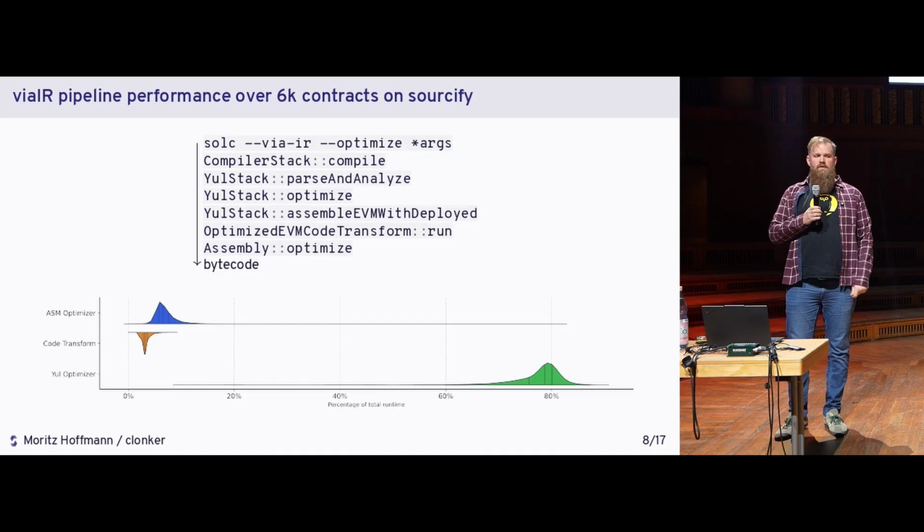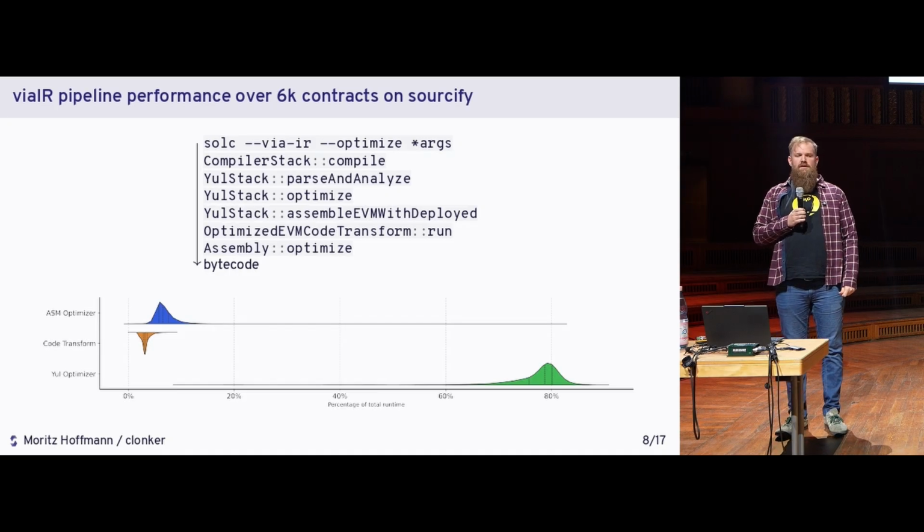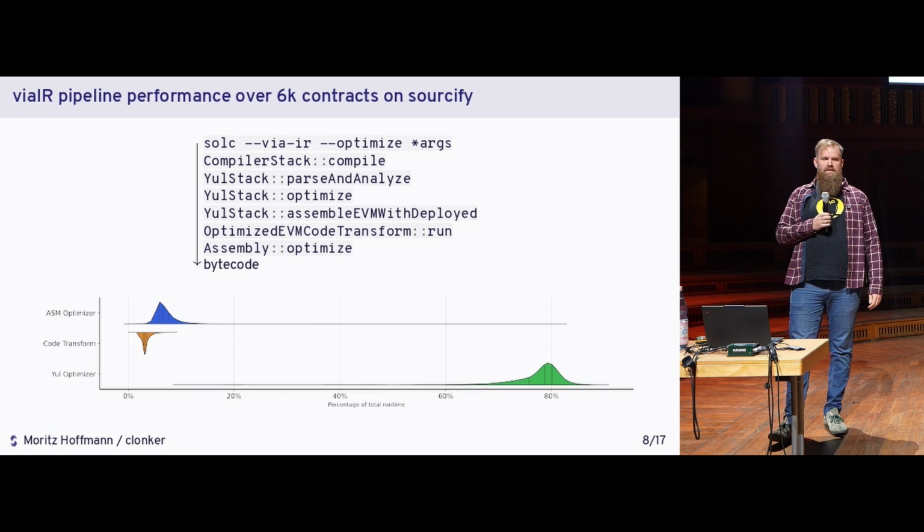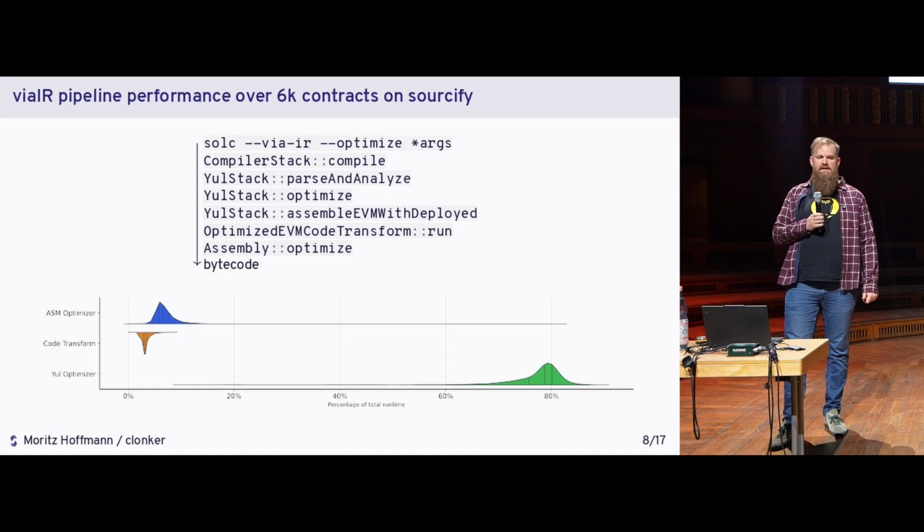Looking at that a little bit more, if you call solc, which is the Solidity compiler, via IR with the optimized flags, and then you trace through the program and emit a few timing information, then you can see that about 80% of the time is spent in the Yul optimizer. And these are statistics I made by looking at Sourcify and compiling about 6,000 contracts on it and just checking where the time is spent.